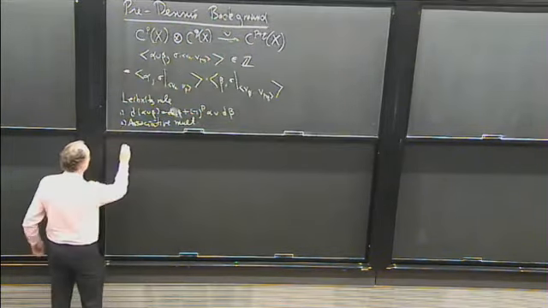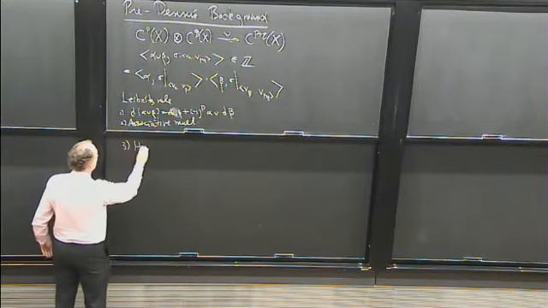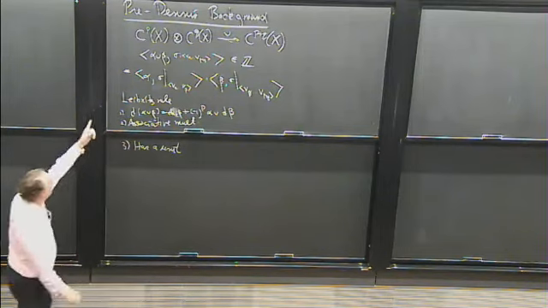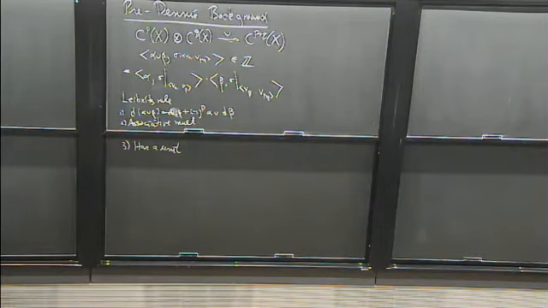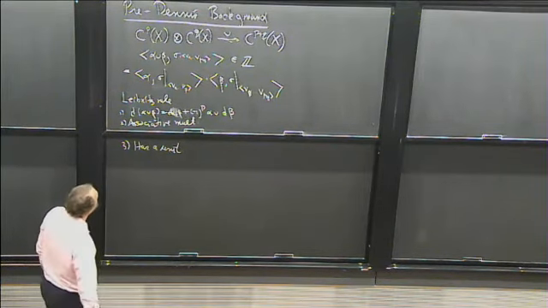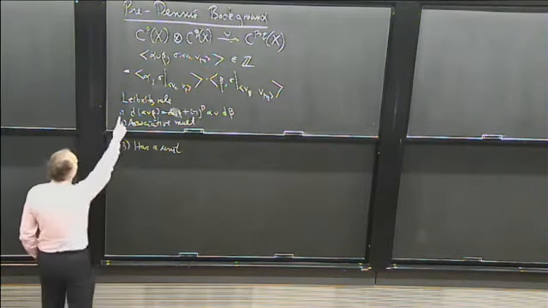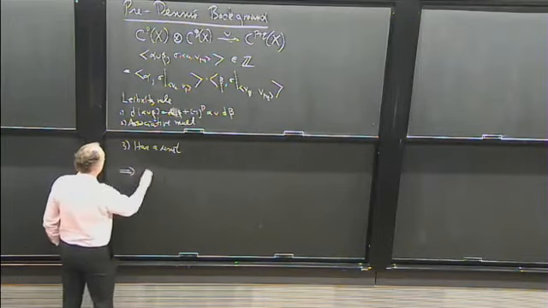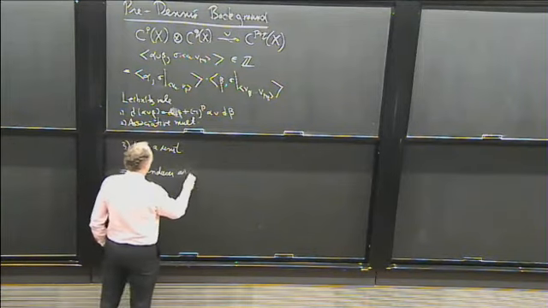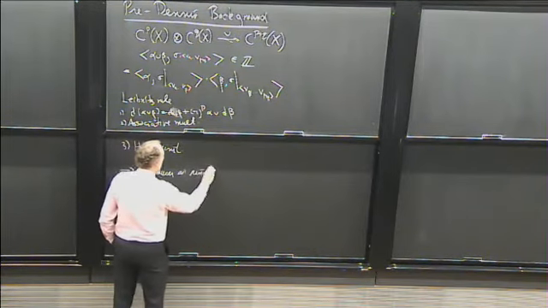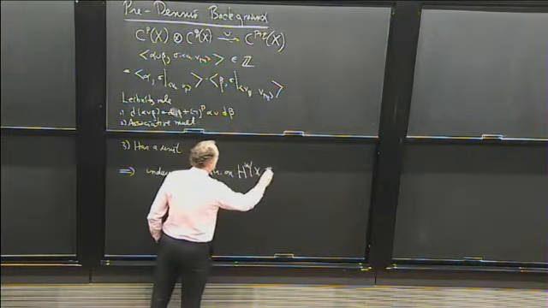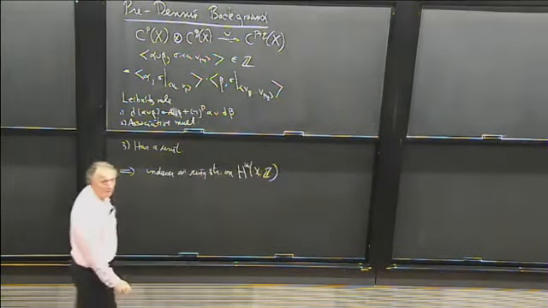It has a unit, which, of course, is just the cocycle in degree 0 that evaluates 1 on every point. But okay, so what does this tell you? This tells you that it induces a ring structure on the cohomology of X, an associative ring structure.